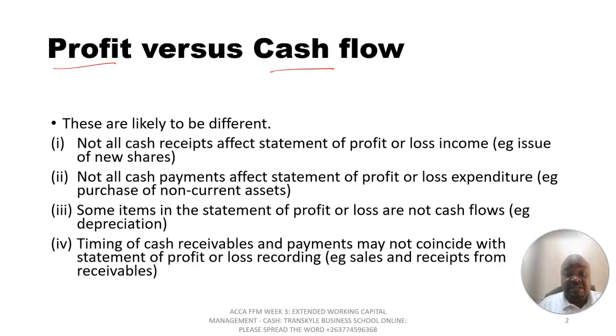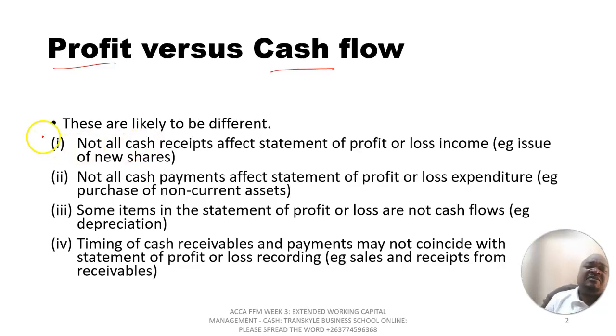Because although they were trading very, very well, they failed to manage the aspect of cash. Okay? So, here are the differences between profit and cash. Let us look at the differences.